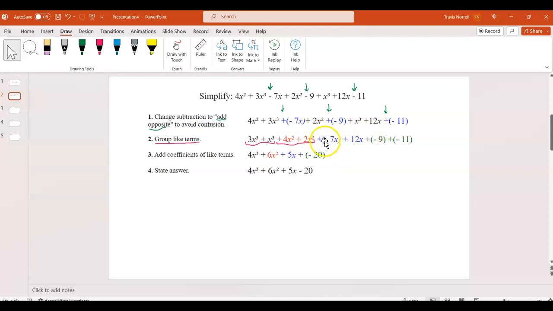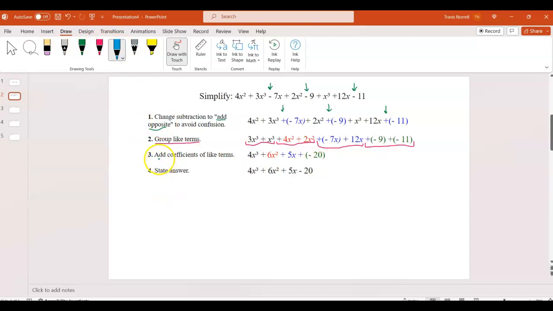So we moved those together and we moved the signs with them. We had plus negative 9 plus negative 11. So we moved those signs with the number. The signs always go with the number.